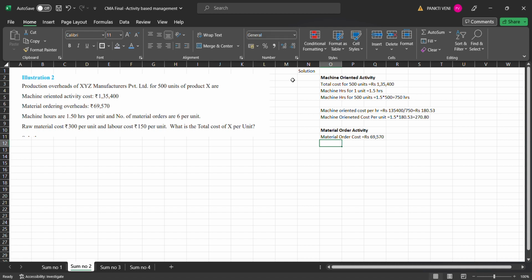Then they have given me that number of material orders are rupees 6 per unit. रुपीज 6 पर यूनिट. सो एक यूनिट के लिए 6 रुपीज का खर्चा है. सो टोटल कॉस्ट फॉर 500 यूनिट्स is rupees 6 into 500. That will give you 3,000 rupees.